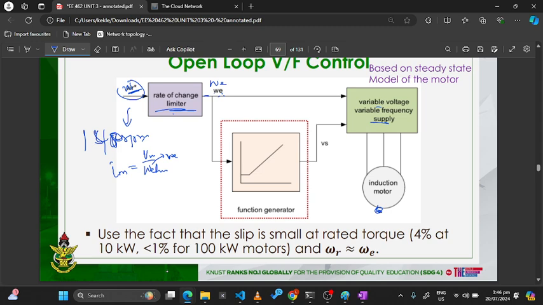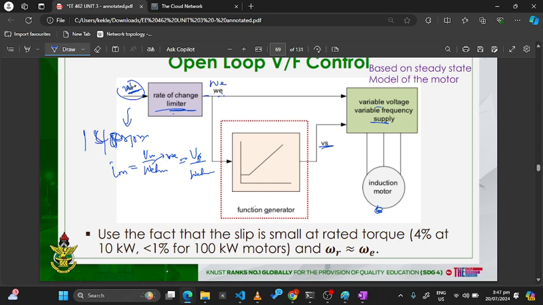Then we need to generate a certain function. So we said this is equal to Vs divided by omega E Lm. The speed over here is taken by a certain function generator, and that function generator is going to generate a certain Vs. Is that okay?